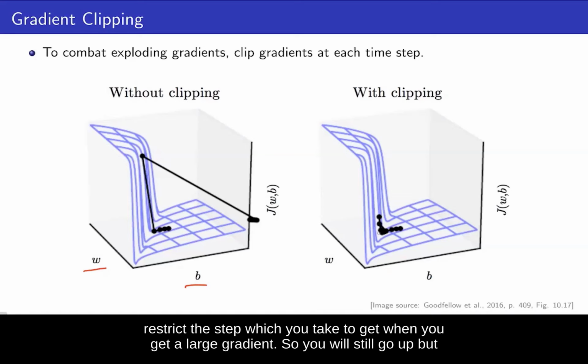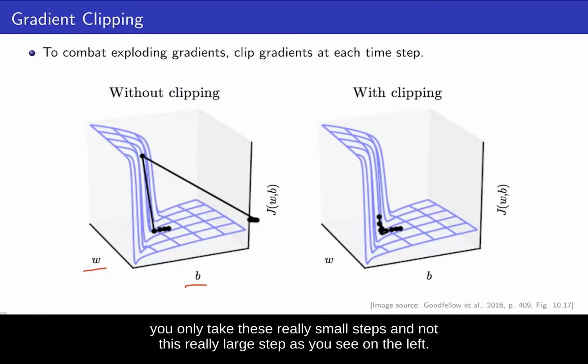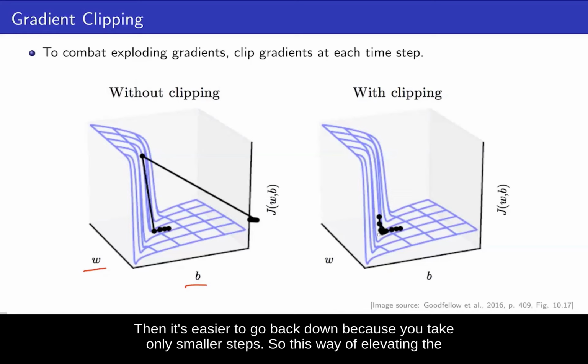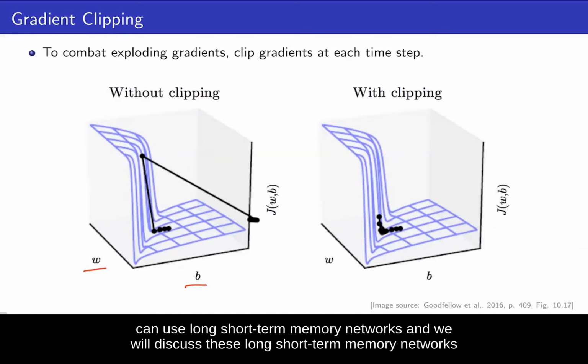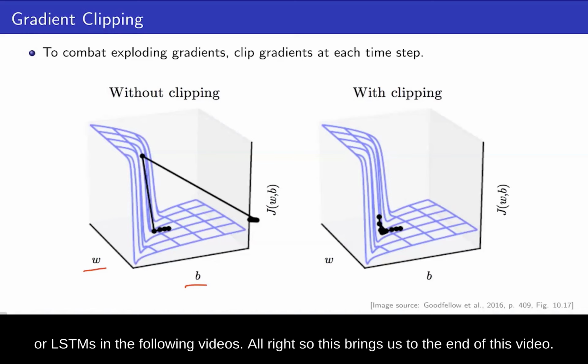So you will still go up, but you only take these really small steps and not this really large step as you see on the left. Then it's easier to go back down because you take only smaller steps. This way of alleviating the exploding gradient problem is called gradient clipping. If you have vanishing gradients, you can use long short-term memory networks, and we will discuss these long short-term memory networks, or LSTMs, in the following videos.